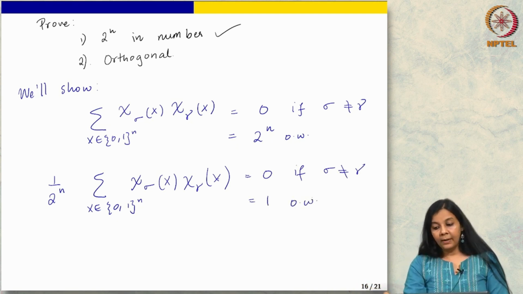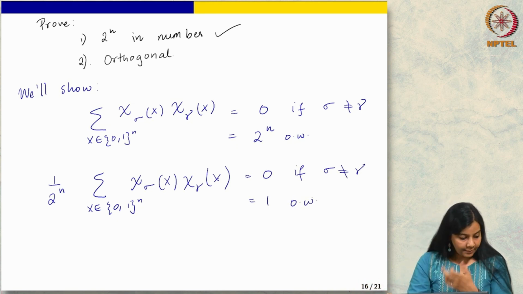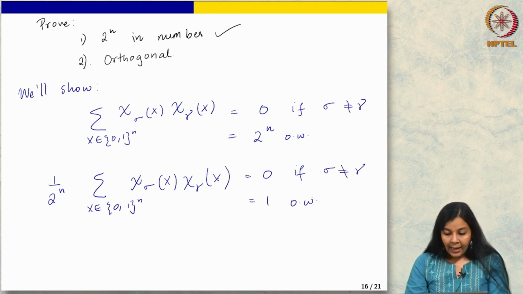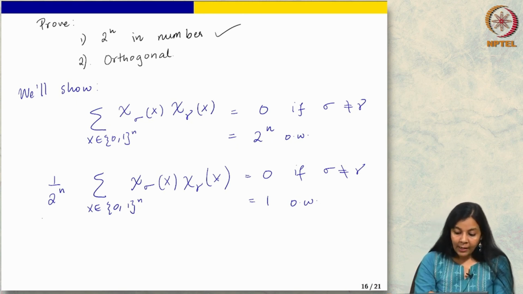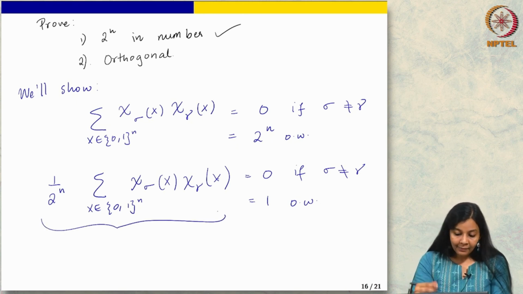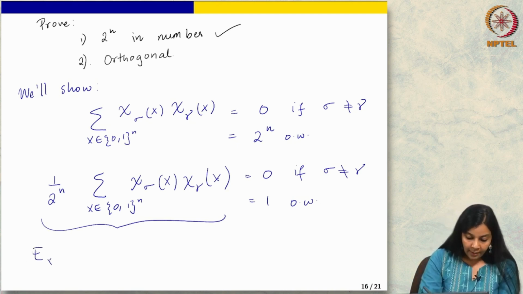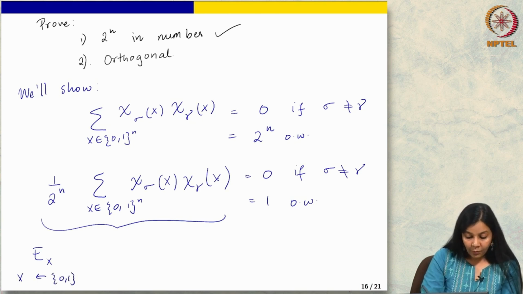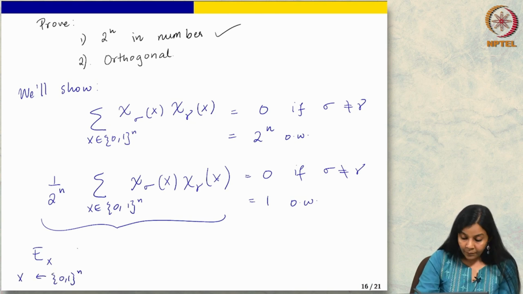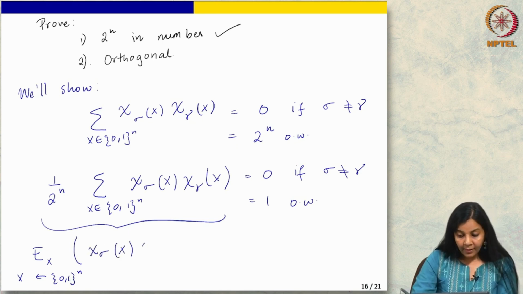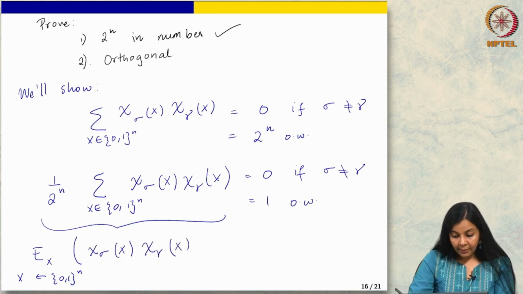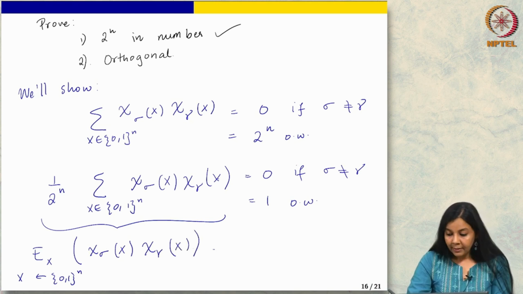We will just simply rewrite it in this way, that is easy. And now we'll write this in terms of expectations. So, this is the expectation over x chosen uniformly from {0,1}^n of chi sigma of x times chi gamma of x, right.